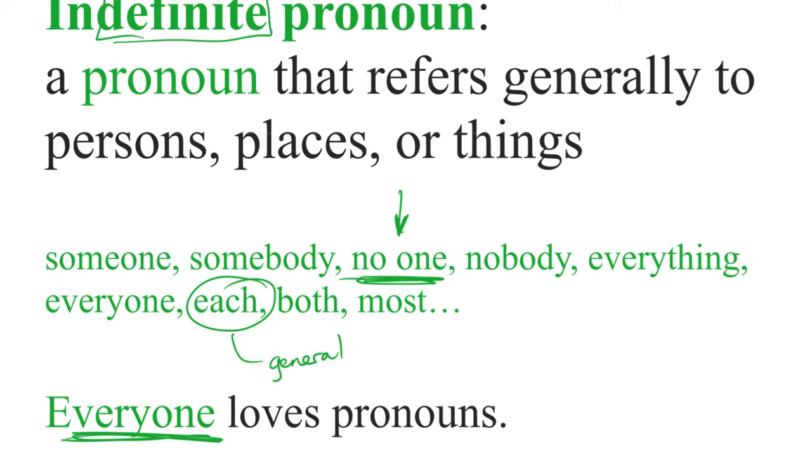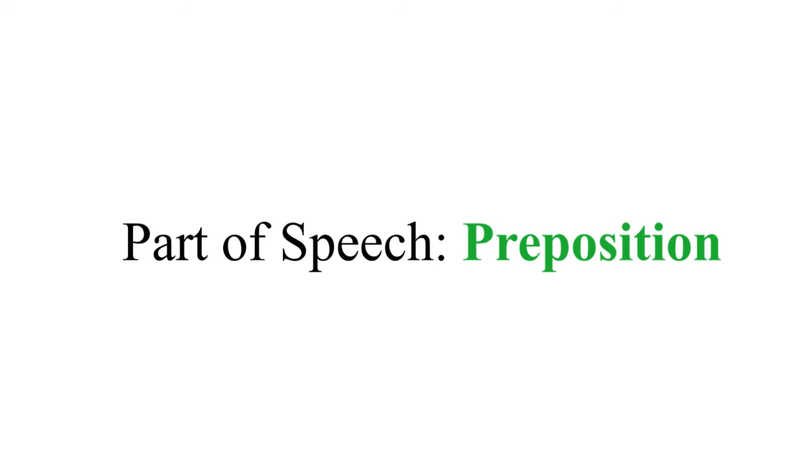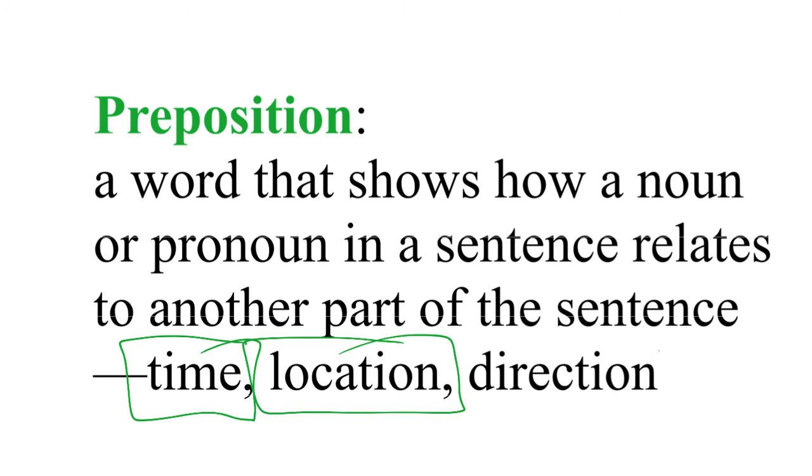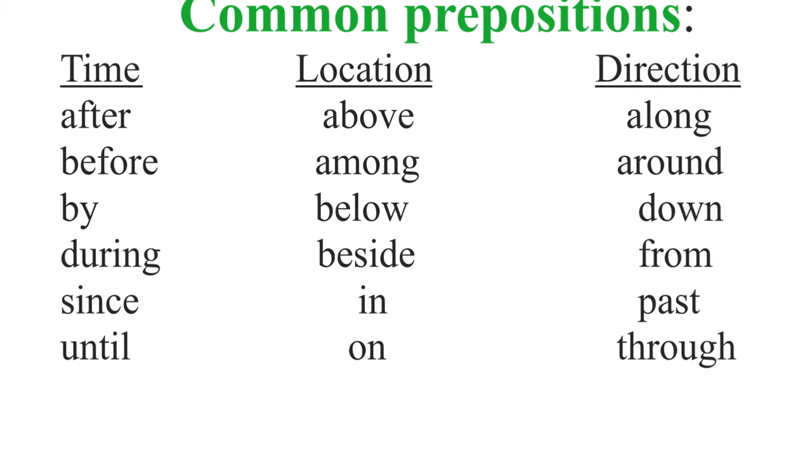We're speaking in general. The next part of speech is the preposition. The key part of the word preposition being this here. A preposition is a word that shows how a noun or pronoun in a sentence relates to another part of the sentence. And it's talking about three things: time, location, and direction. Some common time prepositions would be after, before, by, during, since, or until.